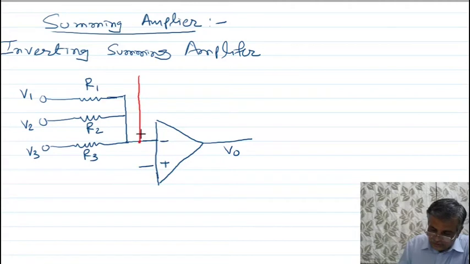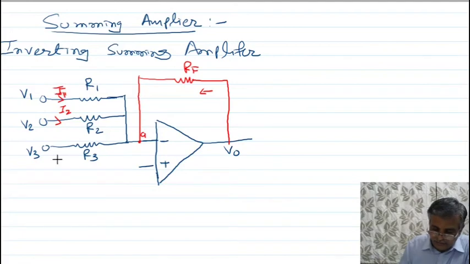Let me say this is your point A, and this is the feedback resistor, say RF. This current is I1, this current is I2, this current is I3.